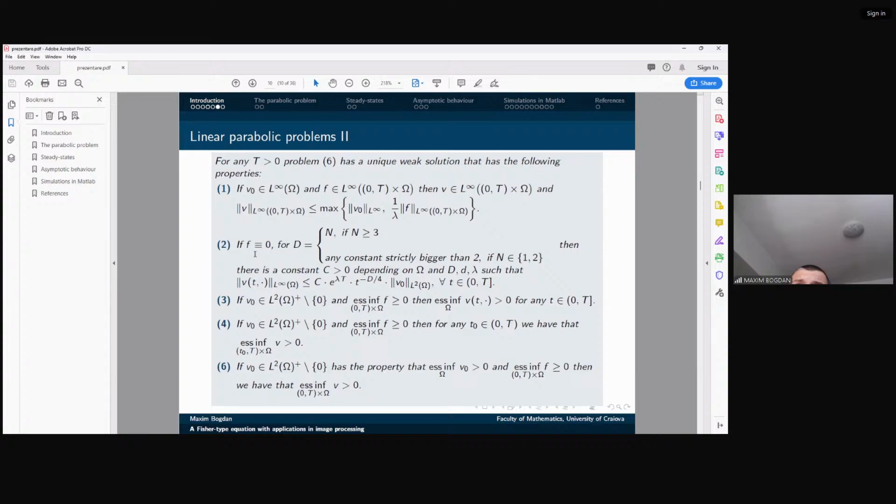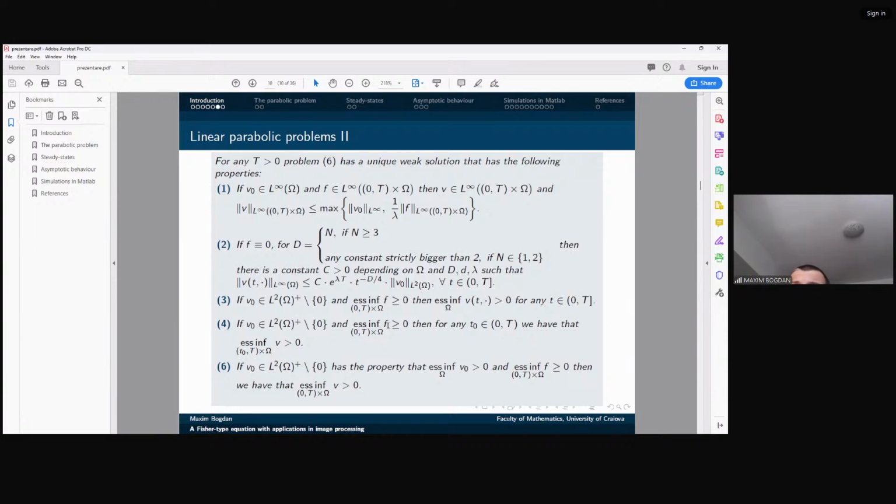I have other results there. This is what I found by myself. The fourth, especially the result at 4, says more than the positivity of the solution. It is some kind of strong positivity. So at 4, if we have initial data in L2, it can be unbounded, but not zero, it is positive. This plus means positive, but not zero.